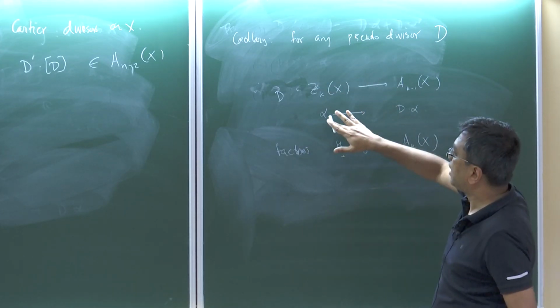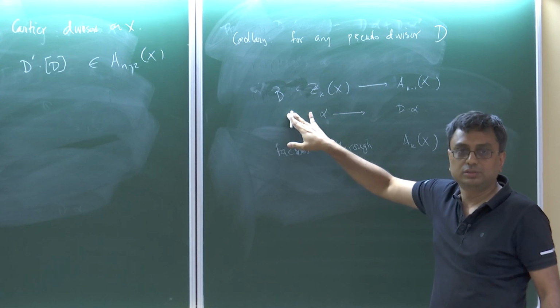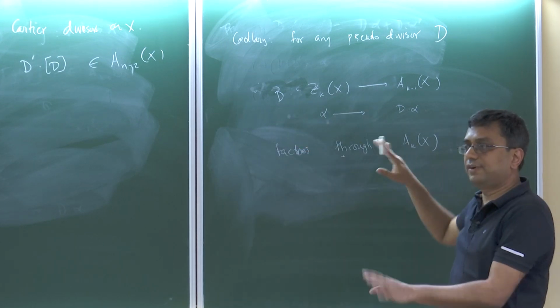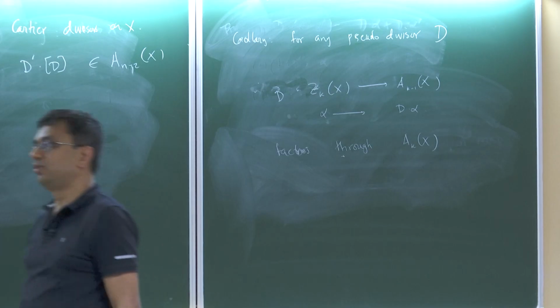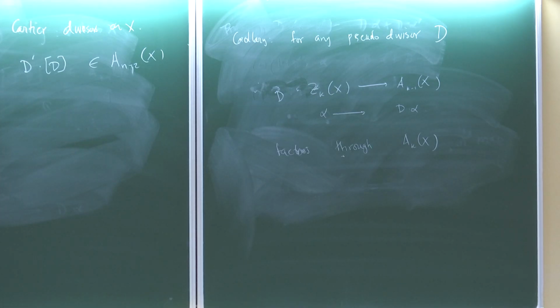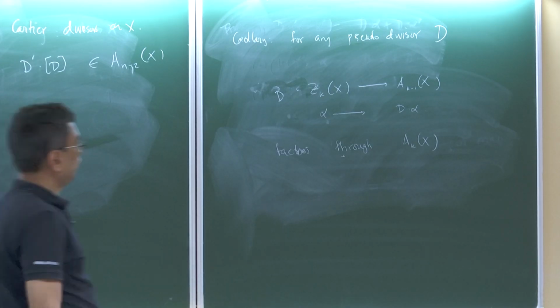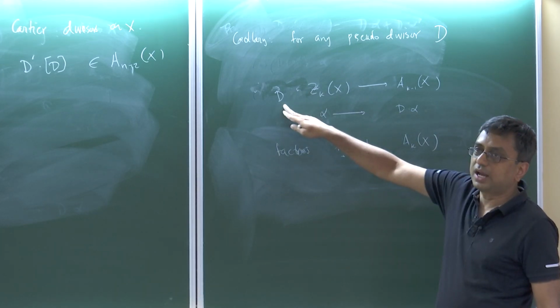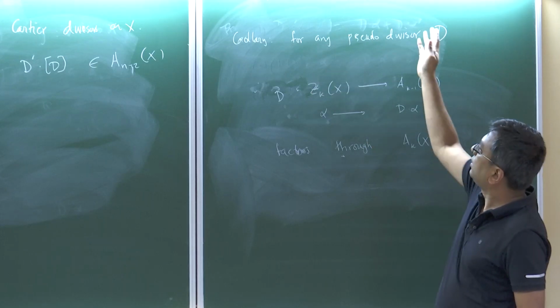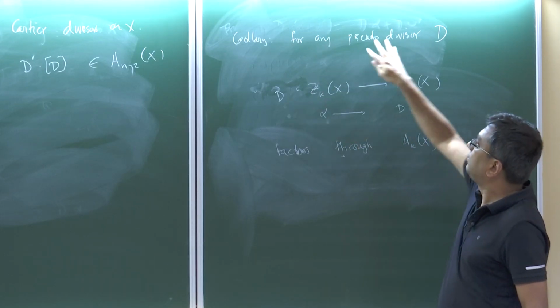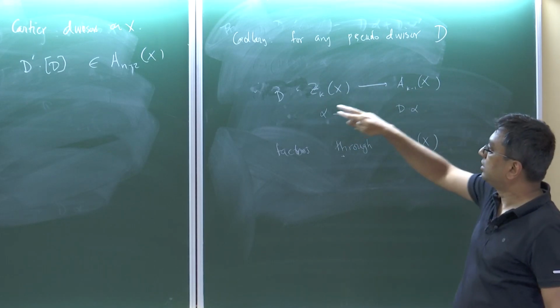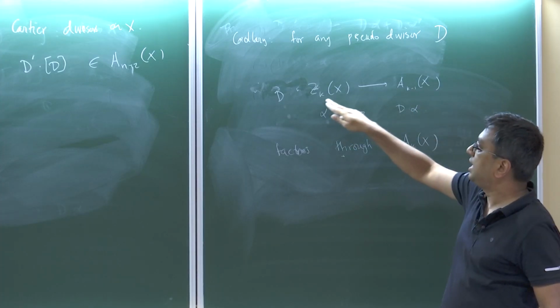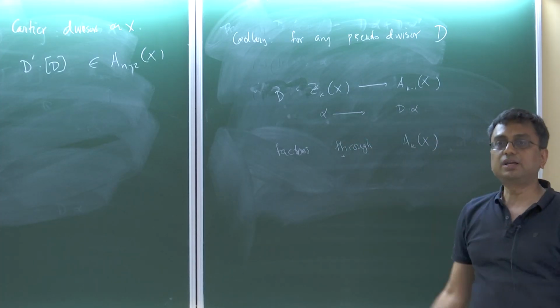What it means is, if alpha is rationally equivalent to 0, then D dot alpha is actually 0 in A_{k-1}(X). And for a given pseudo divisor, or let's say a given line bundle, since a line bundle is also a pseudo divisor, this operation A_k(X) to A_{k-1}(X) will be the first Chern class.